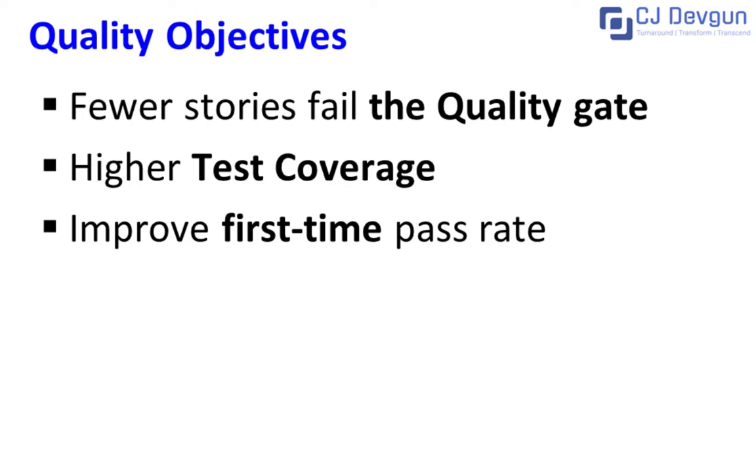By following these steps, you will ensure that fewer stories fail in the quality gate and your overall quality score goes up. In my experience, Scrum is an excellent framework to build quality product. Why? Because you are building the product in smaller increments and thereby getting products in the hands of users.